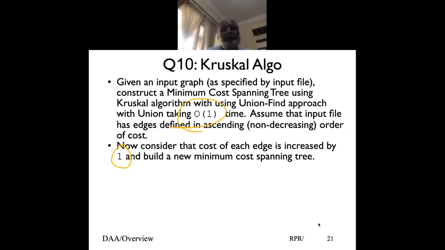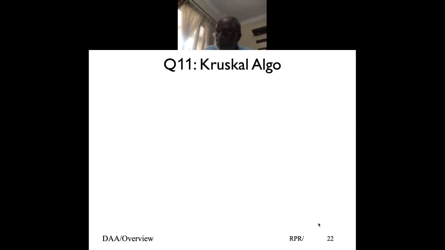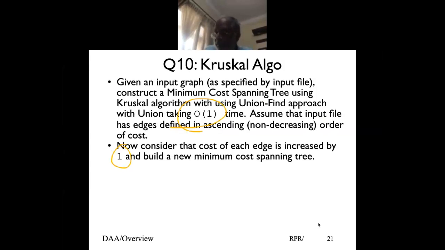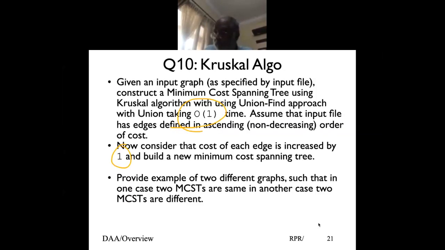When I increase the edge cost, by one or some constant, it may not always give you the same spanning tree. So your job is to take any example and provide two examples where in one case, when you increase by one, it gives the same spanning tree, and in the other example, it does not.